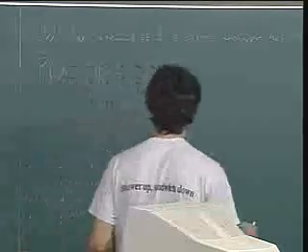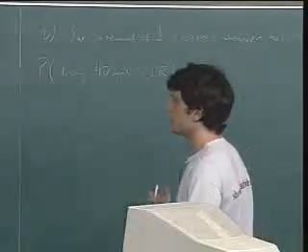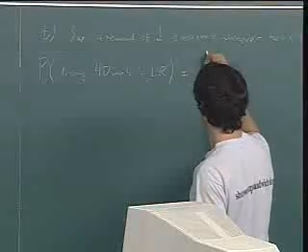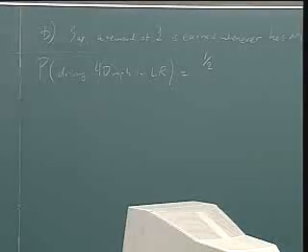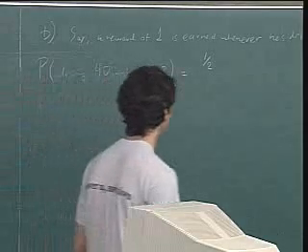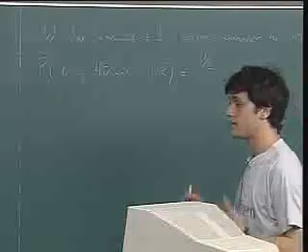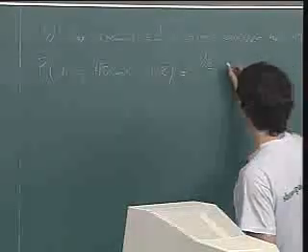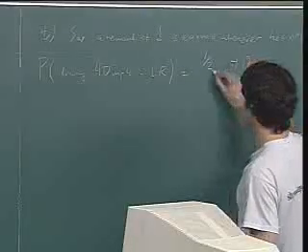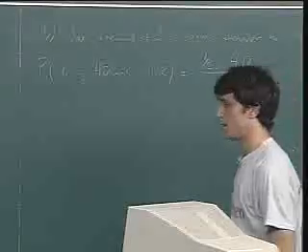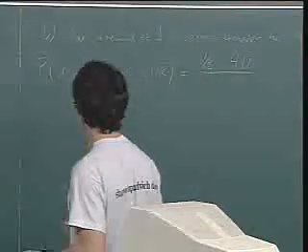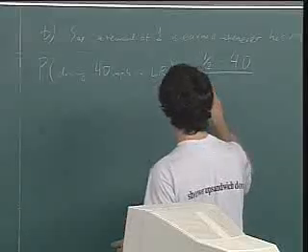But this time, the expected reward will be, well, we know that he can only be driving at exactly 40 miles an hour if he's driving from city B to city A. And given that he is driving from city B to city A, he will drive at 40 miles per hour with a probability of 1/2. So the expected reward per cycle will be 1/2 times 40. And the length of the cycle, of course, remains the same. So divided by.